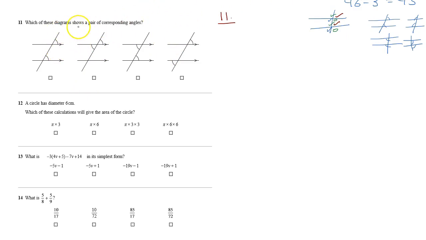So corresponding angles. So this is a vertically opposite angle. This is a Z shape. So alternate angles. So this one is alternate interior, alternate exterior, and this is corresponding angles. They are making this shape.